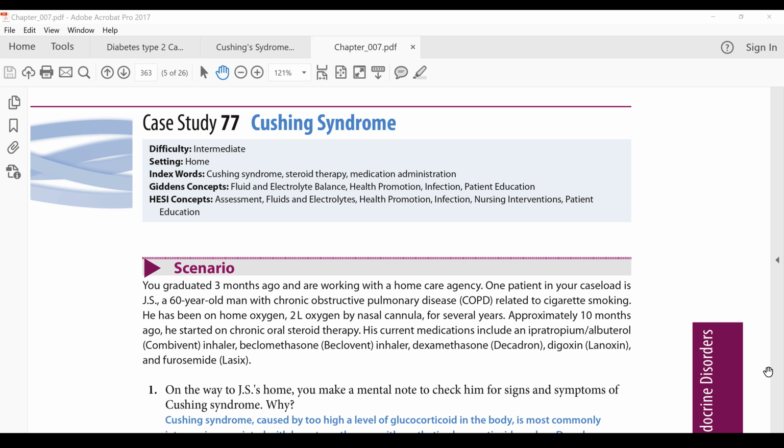Then the pituitary gland releases adrenocorticotropic hormone, or the ACTH. And that causes the adrenal cortex to release the cortisol. So that's kind of the process.